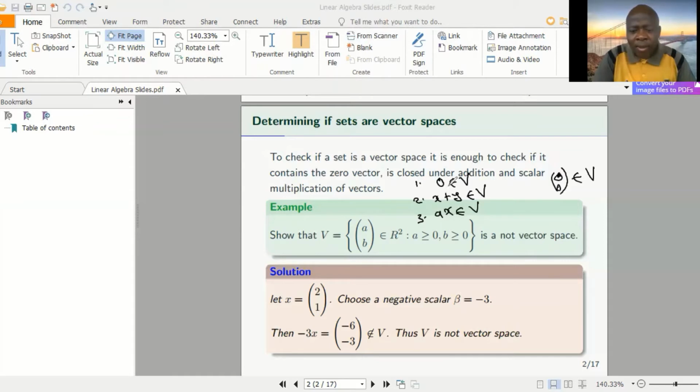We have no problem with that. So we are looking for one that is not satisfied. Let's look at the second property here. I want to pick two elements. Let me say two vectors. Let me say U from V, and I want to pick 1, 2.